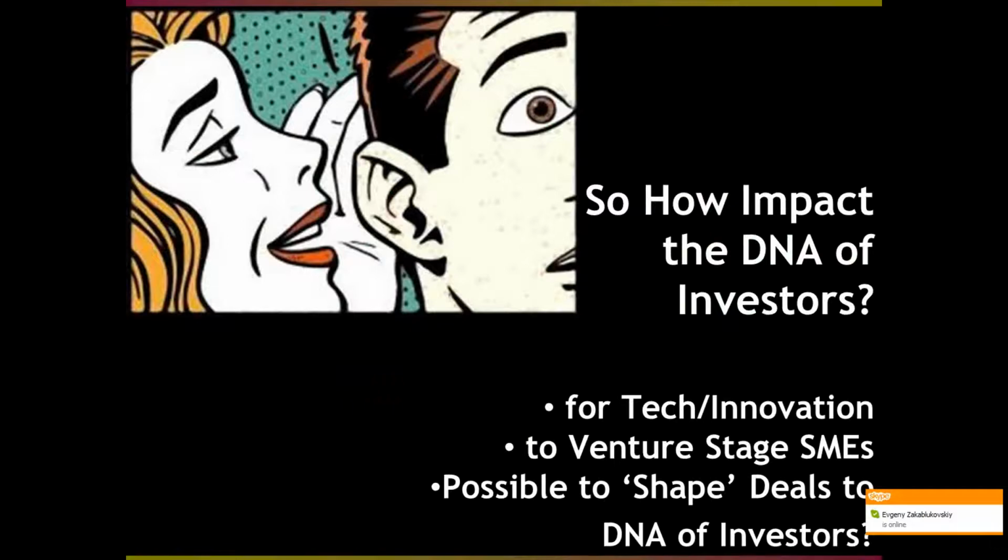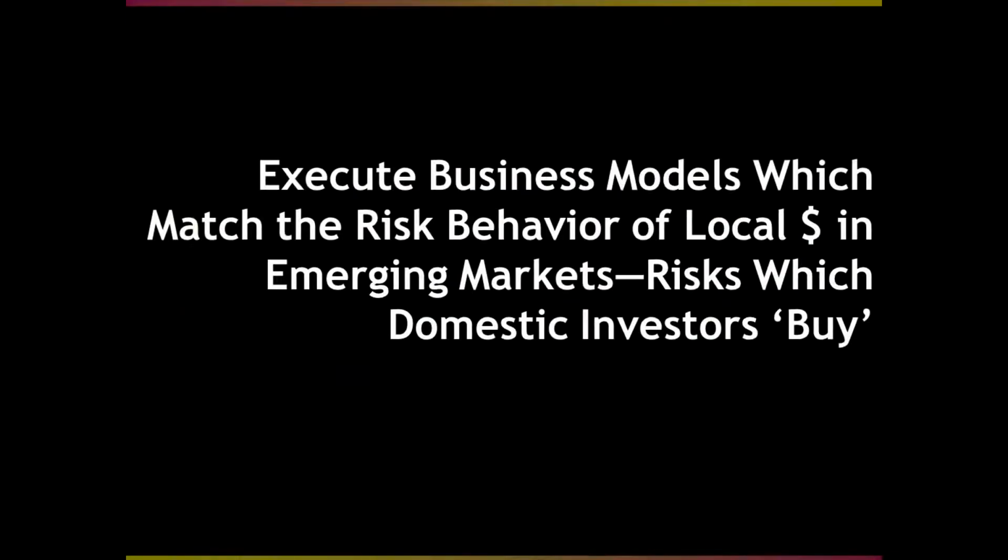And the question you always want to ask yourself is, is it possible to shape your deal to the DNA of investors? Because if you in fact can do that, then the likelihood of your raising money will be increased, and then you're on the way to launching and deploying your business model in a particular marketplace.